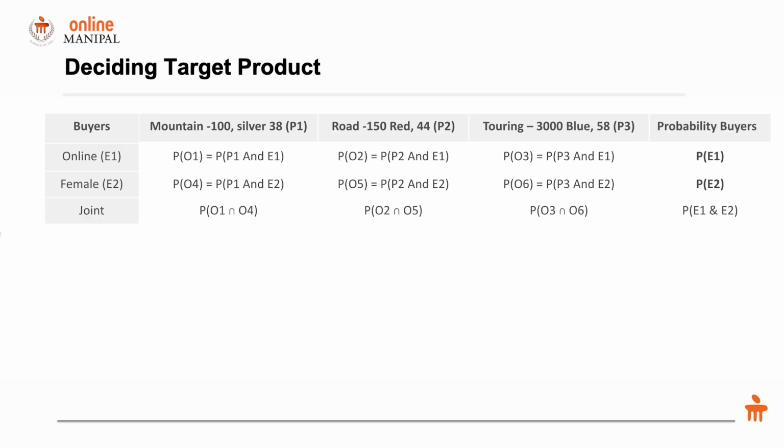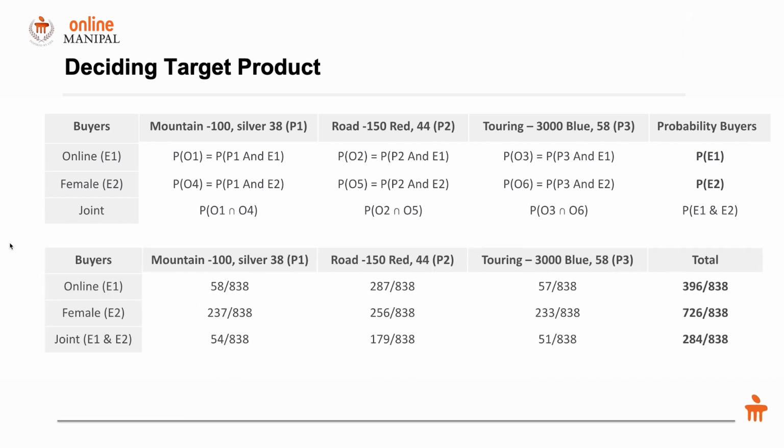Let us look at these probabilities. So probability of outcome 1, 2, 3, 4, 5, and at the same time we'll also calculate the joint probability, which is nothing but both the events occurring simultaneously: online buyers who were female purchasing either product 1, 2 or 3 respectively. Let's plug in the numbers from the previous table.